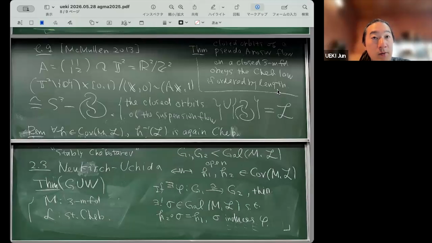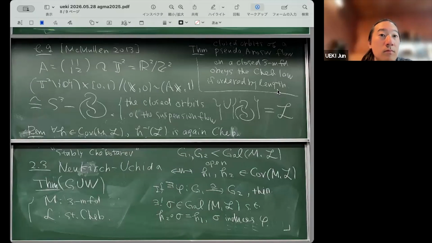If there is an abstract isomorphism of topological groups from G1 to G2, then there uniquely exists an element sigma of the absolute Galois group such that the composition of H2 and sigma is H1, and this sigma induces phi.